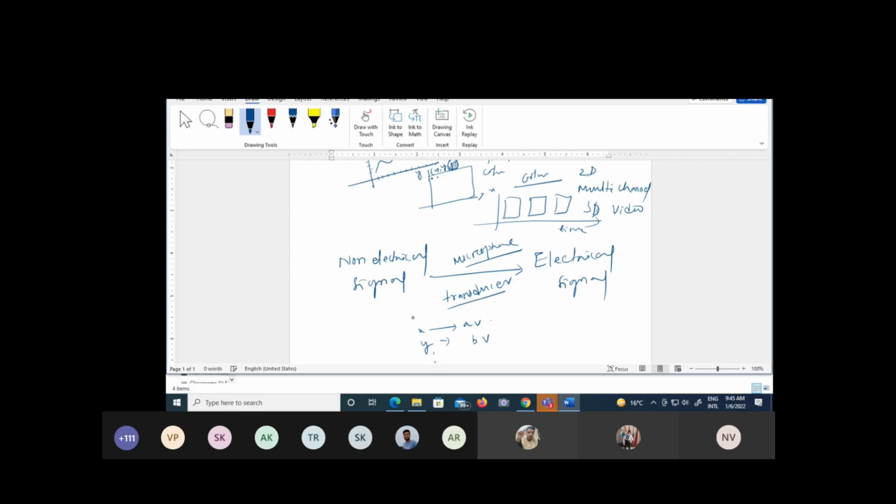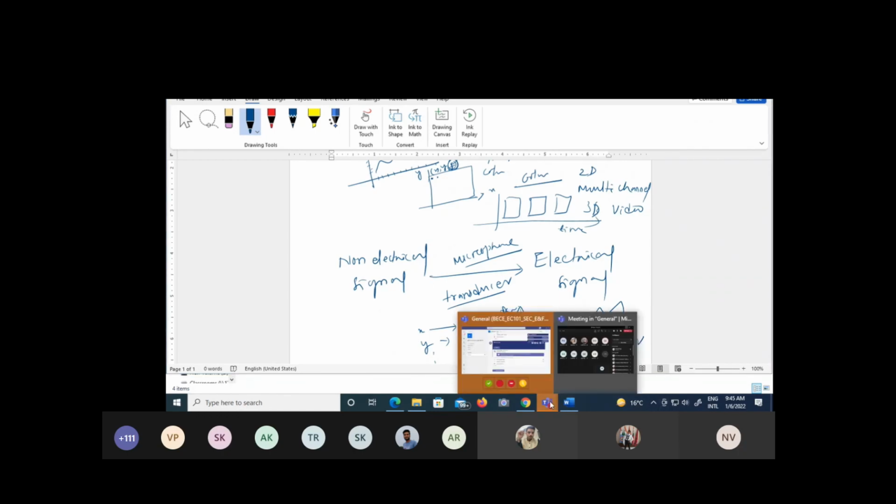Likewise, we get various voltages for various pressures, and all these voltages can be plotted or represented in the form of an electrical signal. Here it will be the voltage, and here the pressure that is represented. So we can represent this voice signal in the form of an electrical signal.